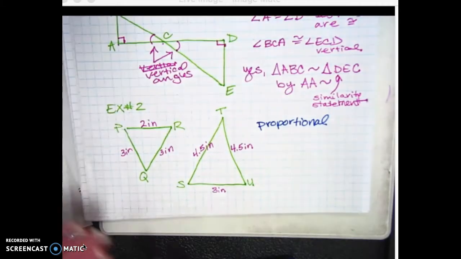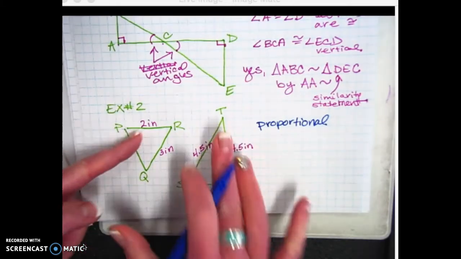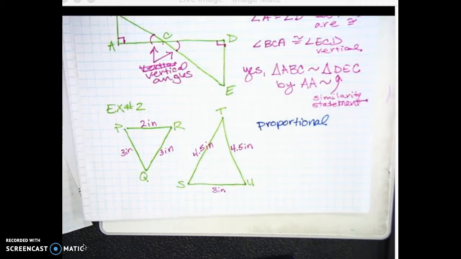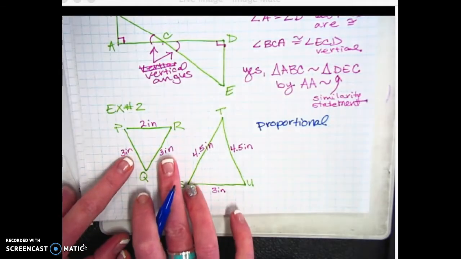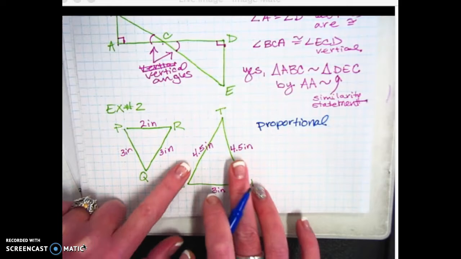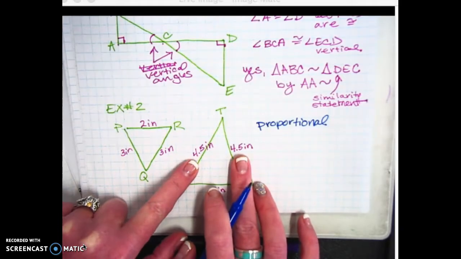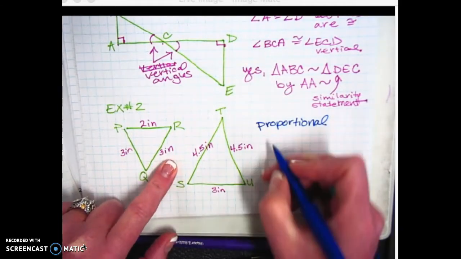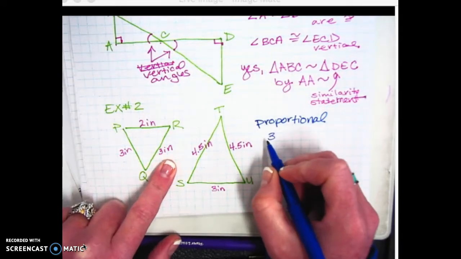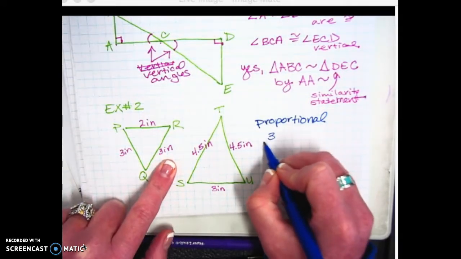Okay? So notice that this one is split, one of them flipped, obviously, right? So I've got these 2 sides which have the same measurements, and these 2 sides which have the same measurements. So I'm going to set up their ratio. 3 to 4.5.